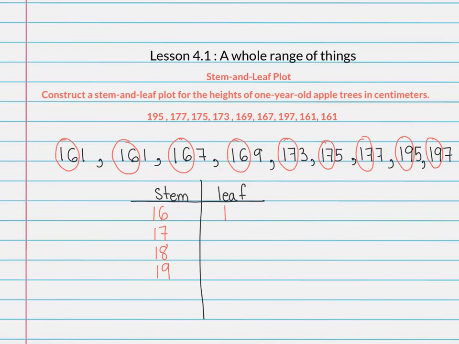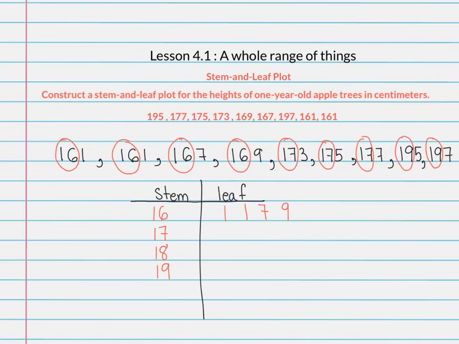The second one as well, 161. Stem 16 and leaf 1. 167, stem 16, leaf 7. 169, stem 16, leaf 9. We move to 173. 173 has a stem of 17 and a leaf of 3.